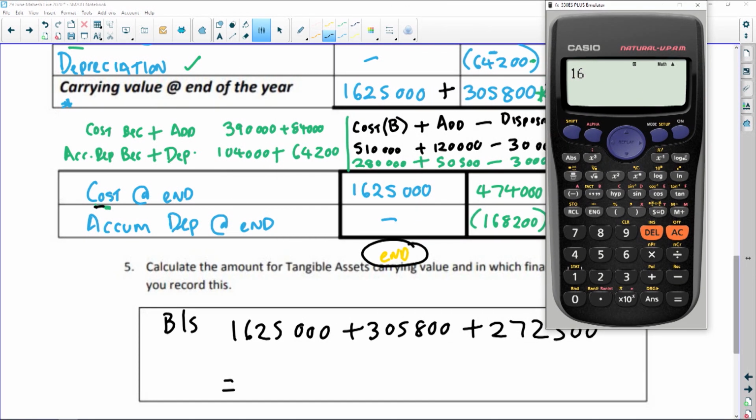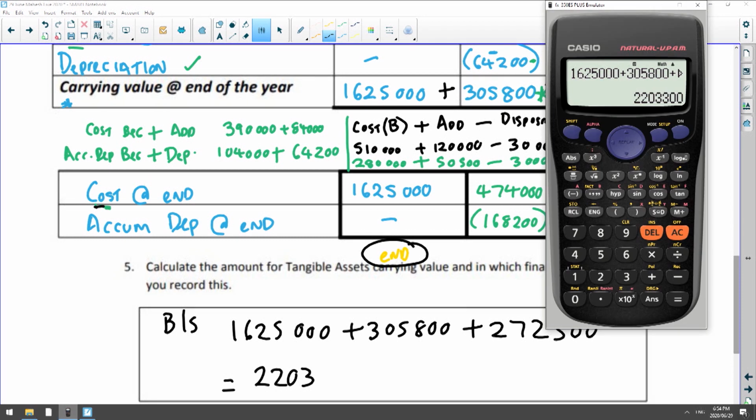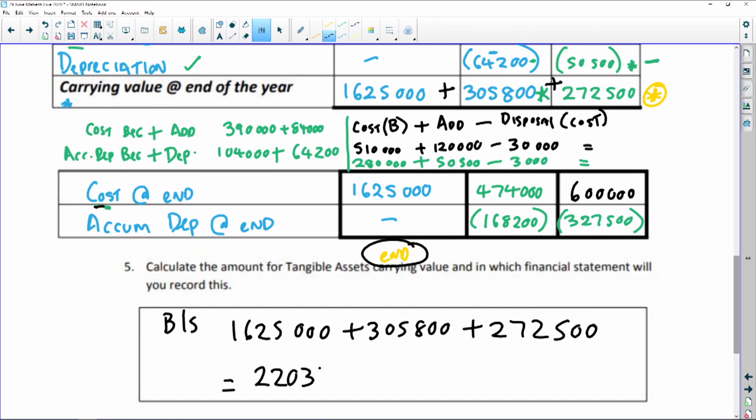So 1,625,000 plus 305,800 plus 272,500, and in our balance sheet we will show our assets as 2,203,000, and I'm sure there was another 3 there, 300.